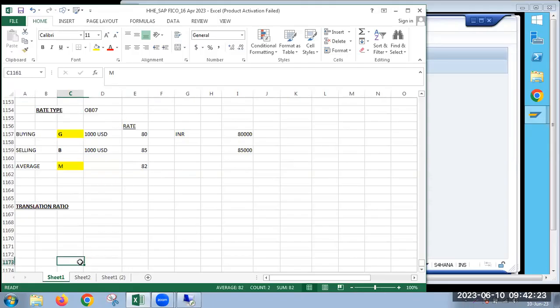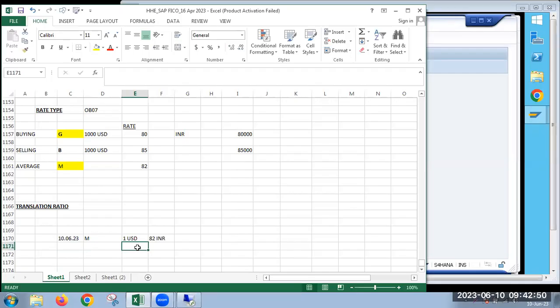For this particular date, maybe 10th of June, as per rate type M, we can say $1 US equals 82 INR.